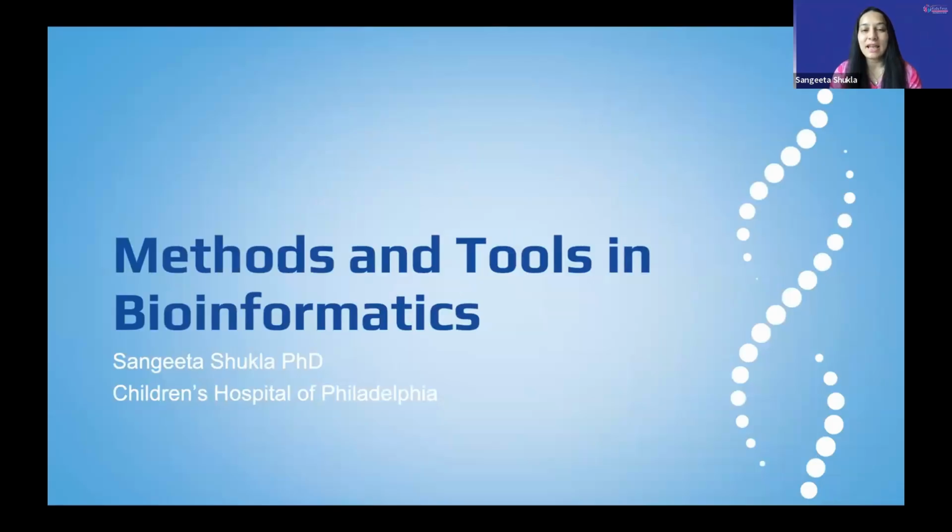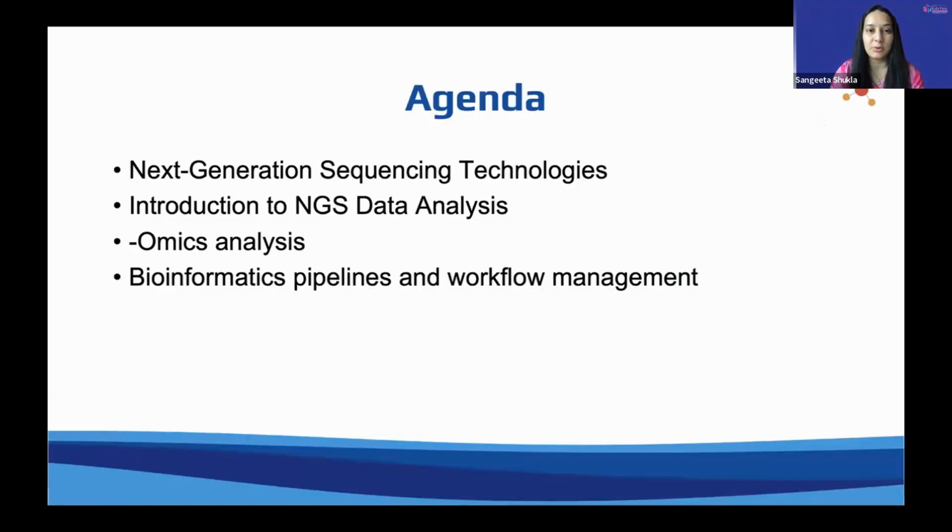So let me go ahead and share my screen and talk about the overall agenda for today's meeting. So all the data that we have access to, what kind of methods can be applied to that, and what kind of tools exist out there or we can create to implement any kind of analytical analysis on those data sets. That's what we're going to be talking about.